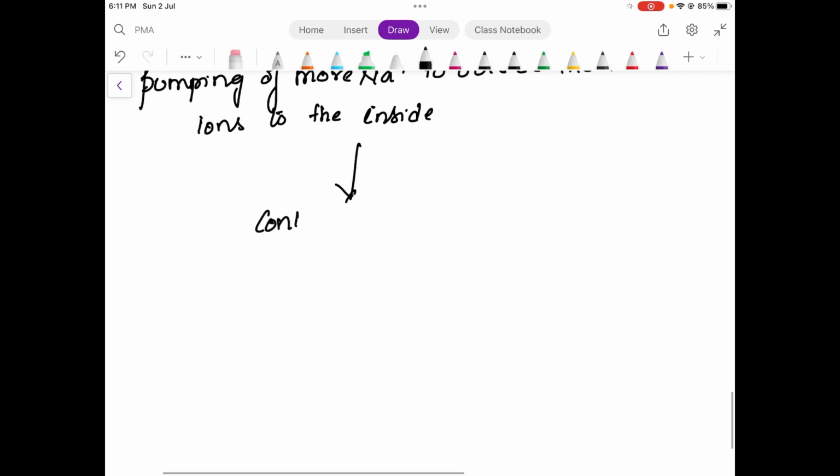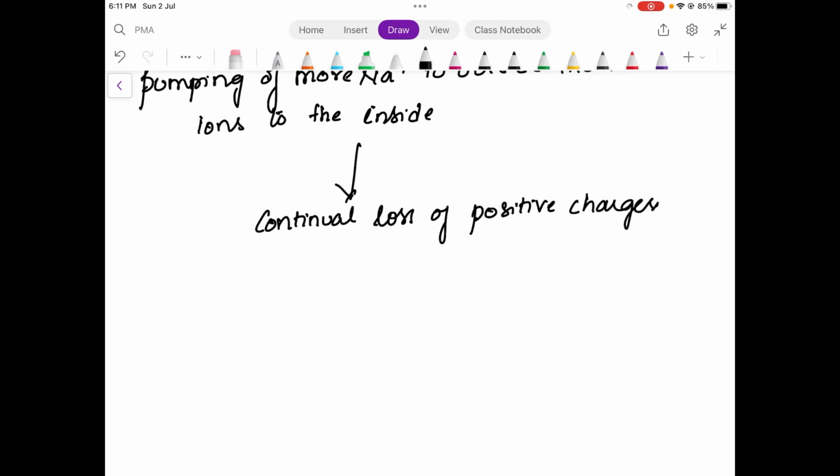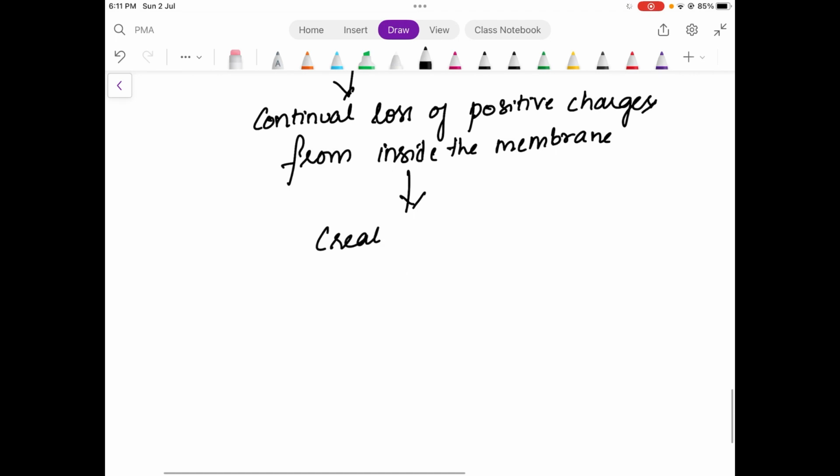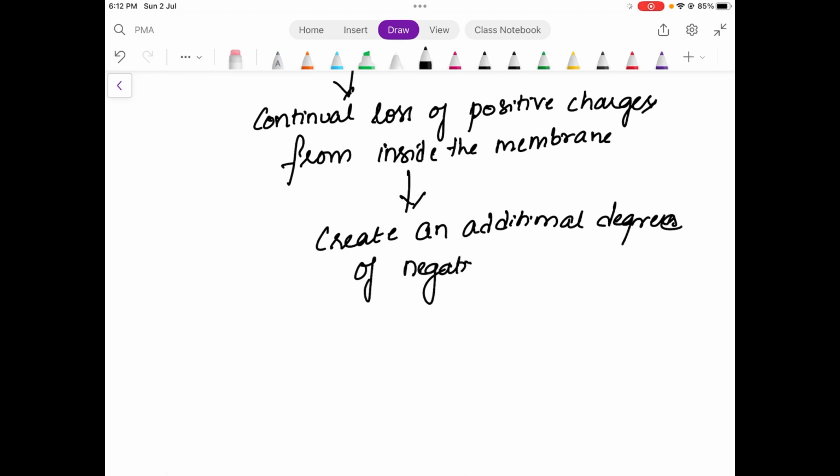This causes a continual loss of positive charges from inside the membrane, and they will create an additional degree of negativity.